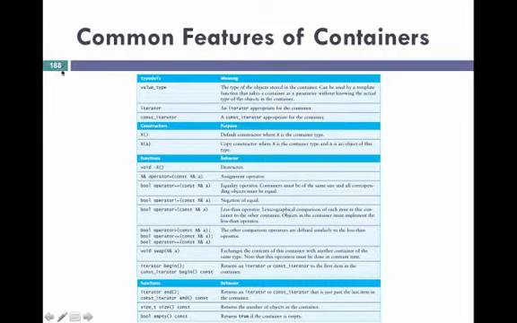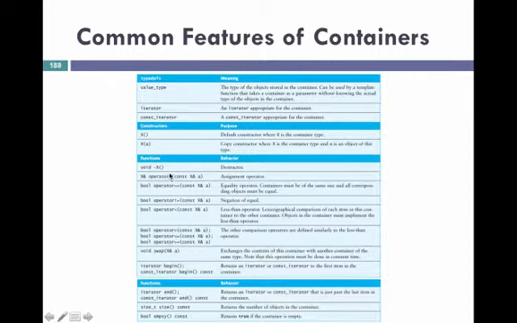So here are some common features of containers. Here are some typedefs, some constructors, some functions, and a description of their meaning. So for example, here's a default constructor and here's a copy constructor. Here are a bunch of the comparison operators being overloaded.